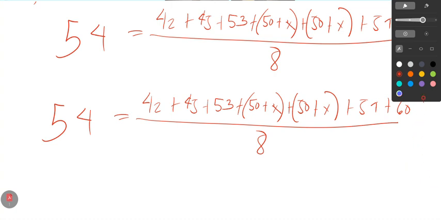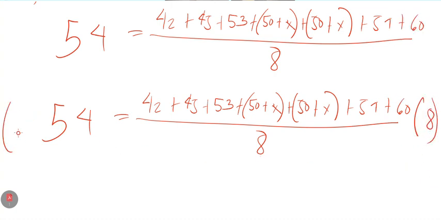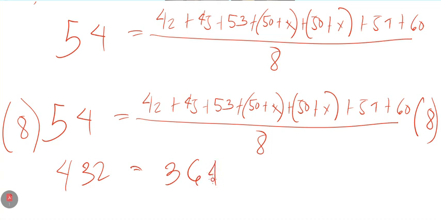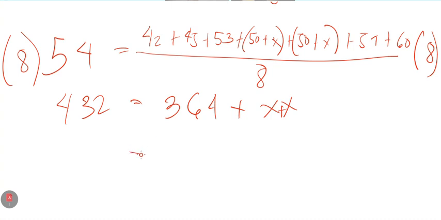After multiplying, we get 432 equals 364 plus x plus x, which gives 364 plus 2x.